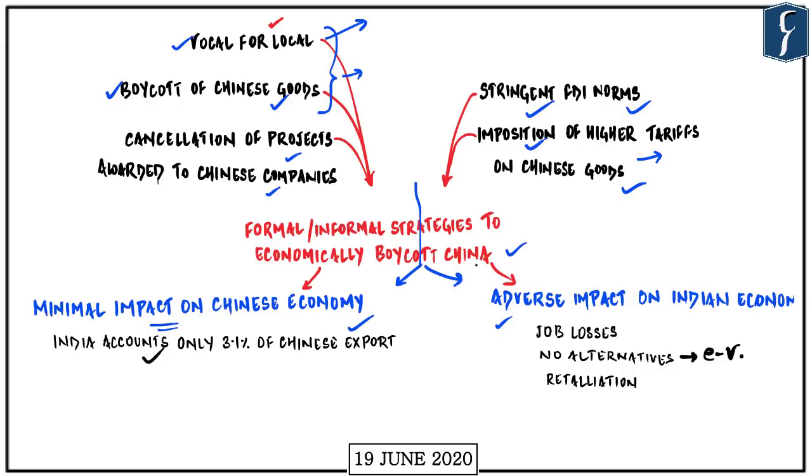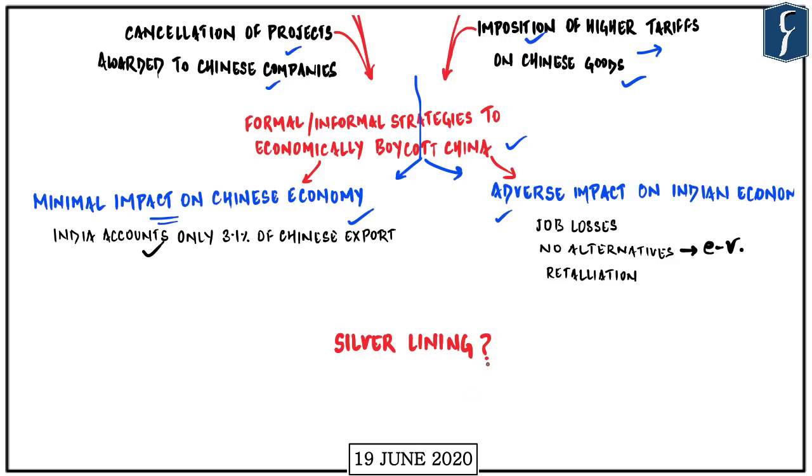So finally, the question arises: is there a silver lining in boycott of Chinese goods? And to this question, the Confederation of All India Traders has come out with an estimate, according to which almost one third of the Chinese imports constitute low-tech goods that were either made earlier by Indians or are still being made but in smaller quantities.